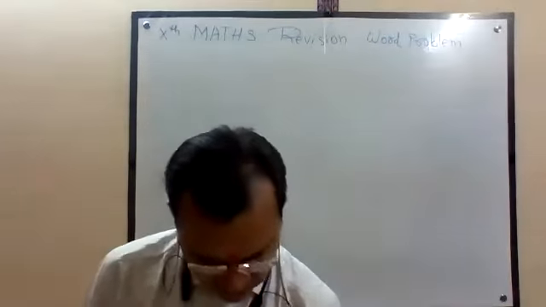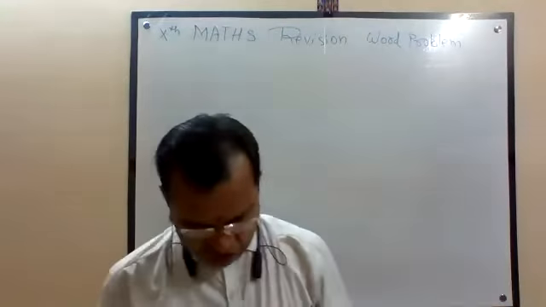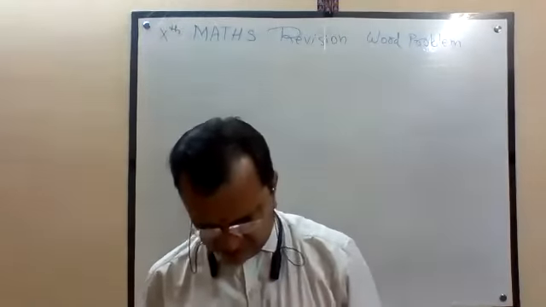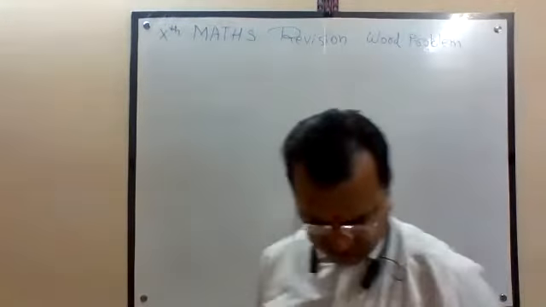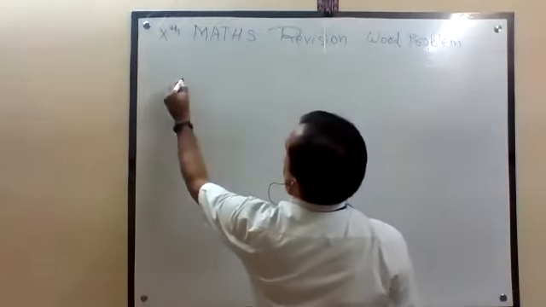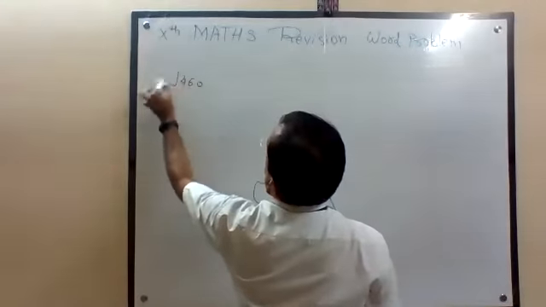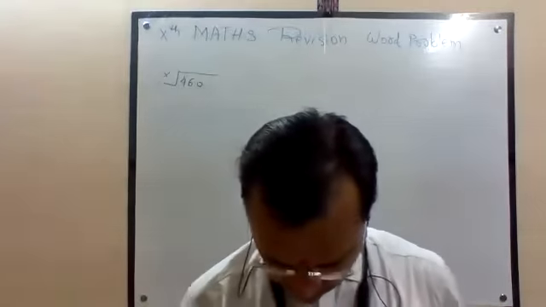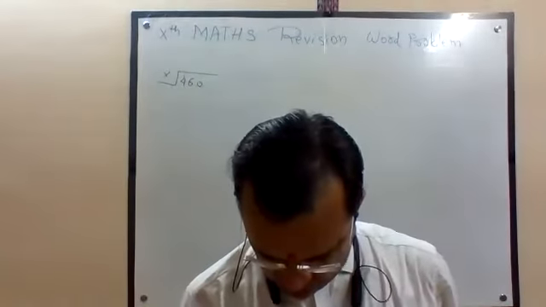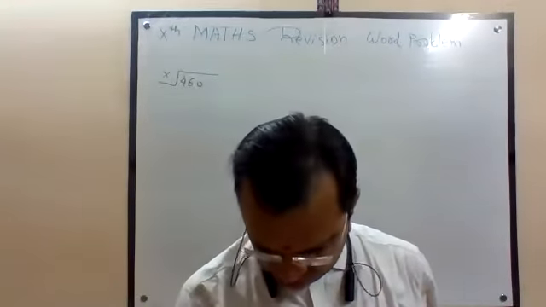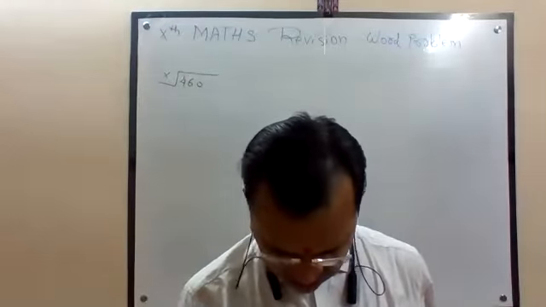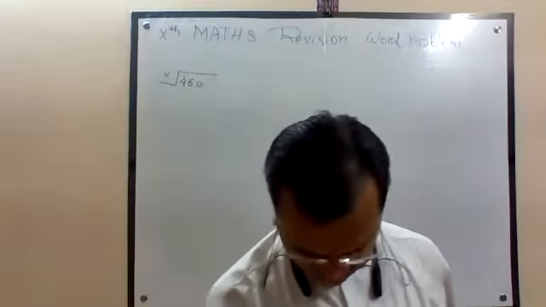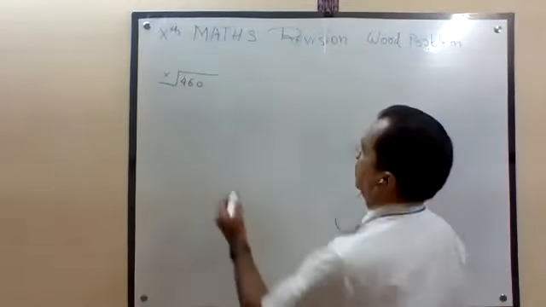Next, 460 is divisible by a natural number. The quotient is 6 more than 5 times the divisor and the remainder is 1.